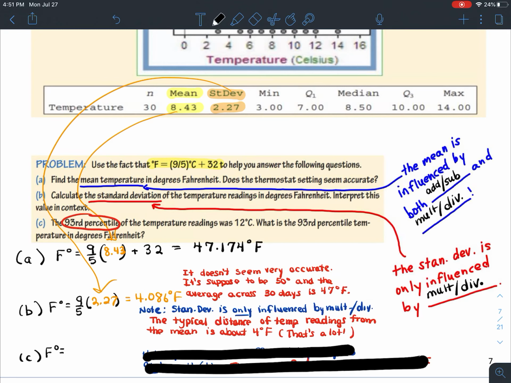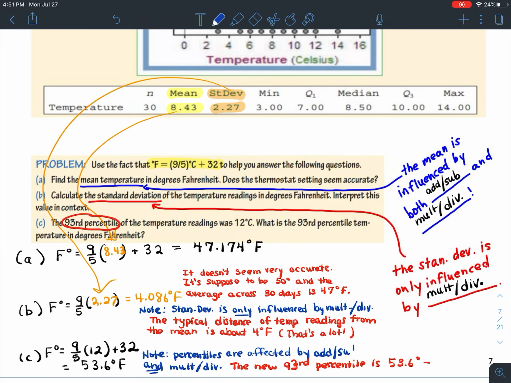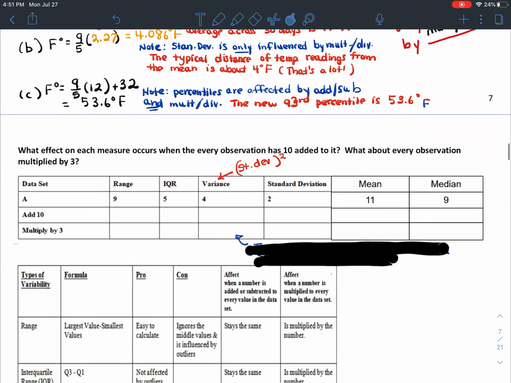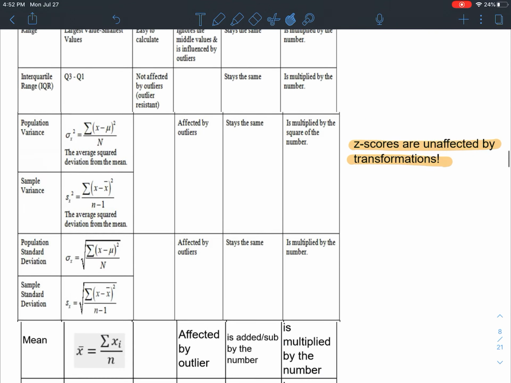So if I were going to use this formula to convert this 93rd percentile, which is 12 degrees Celsius, I would want to multiply it by 9/5 and add the 32 to it to get 53.6 degrees Fahrenheit. So the new 93rd percentile is 53.6 degrees Fahrenheit.